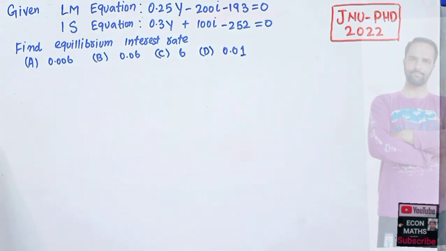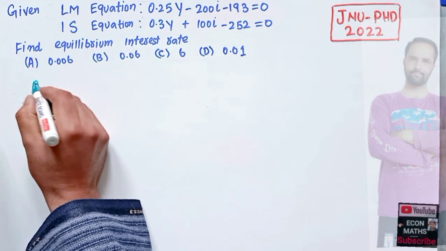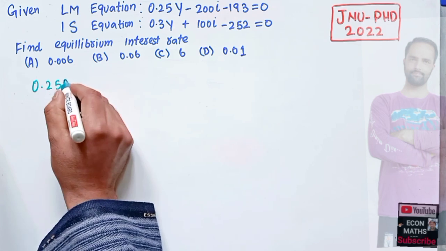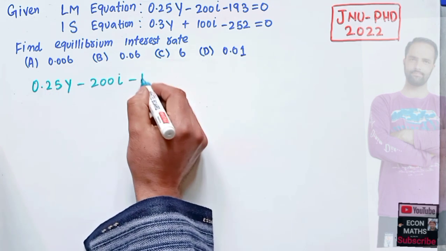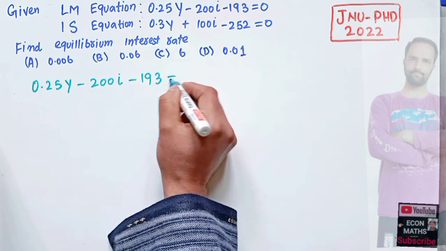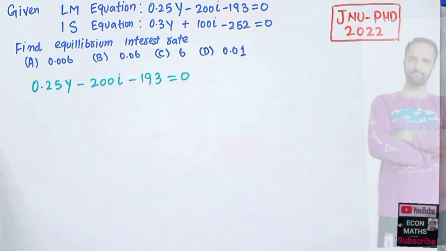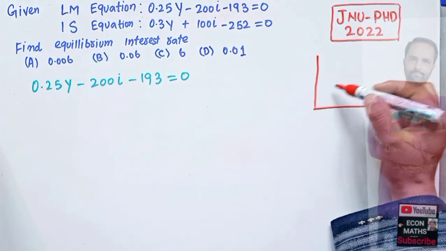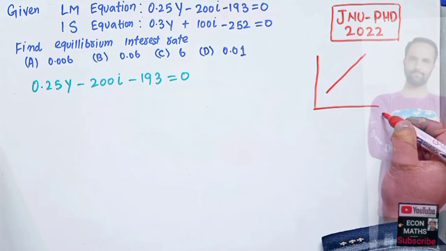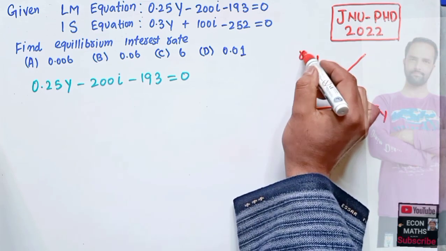So what are we being given? We are being given the LM equation as 0.25y minus 200i minus 193 is equal to 0. This is our LM equation, and on the graph it shows us a positive relationship, with income on this side and rate of interest on this side.